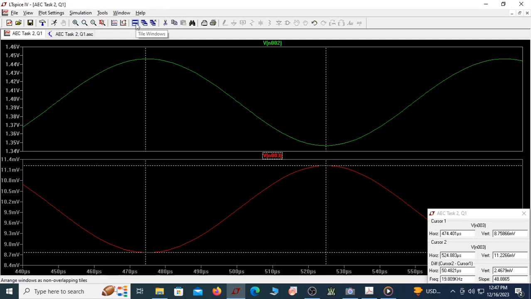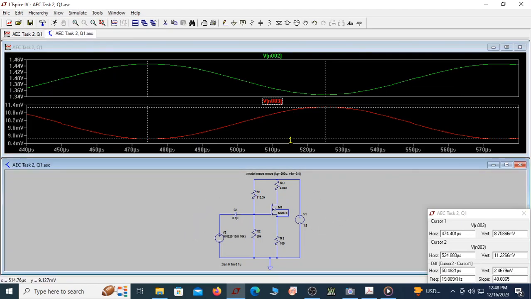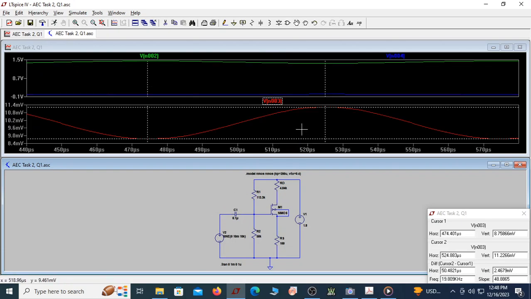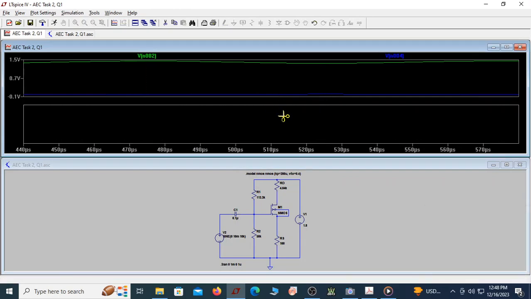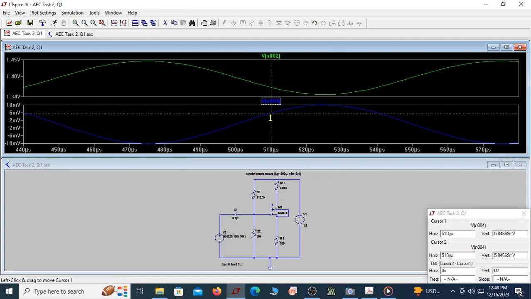Let me just check. Let me take out this F5. I will take this here. This is my input. I'll measure one at the peak, one at this point.